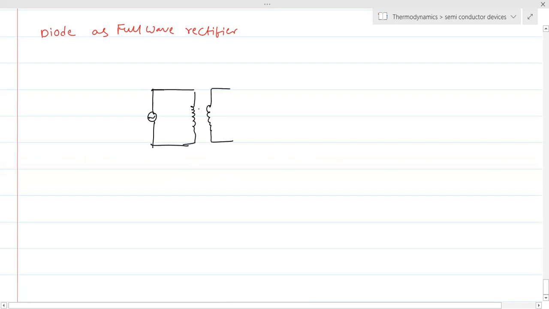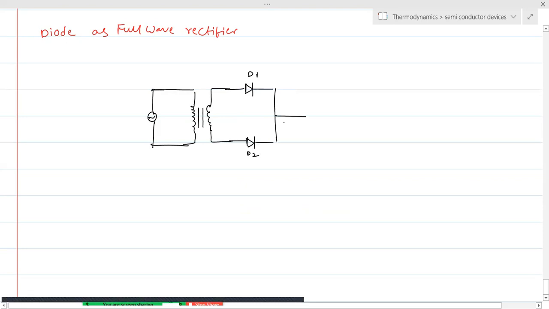As in the previous case, we have two parallel lines, which indicate the secondary coil is under the influence of the primary coil. Here we have two diodes, the first called diode D1 and the second called diode D2, and we have a load resistance.